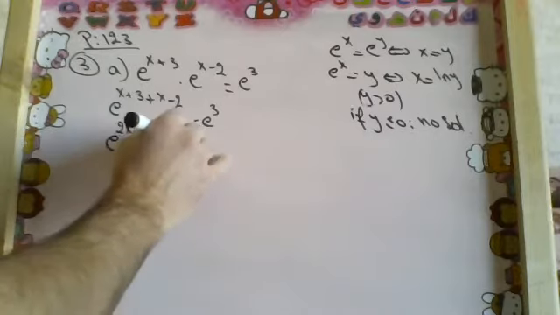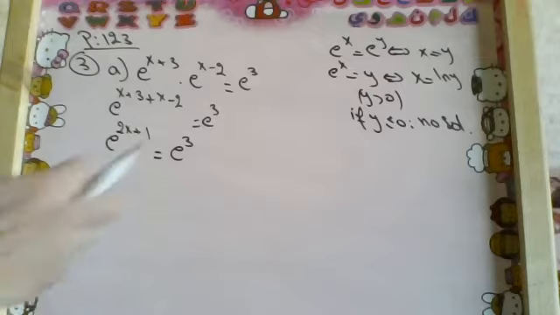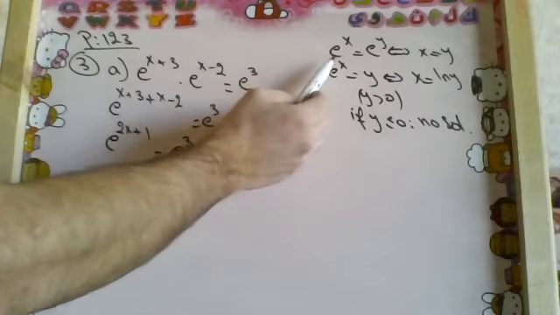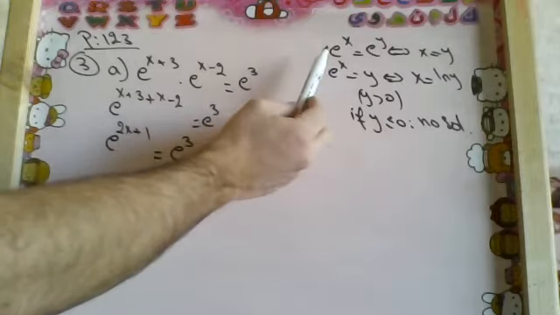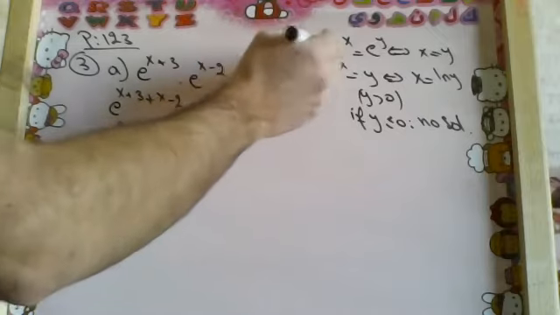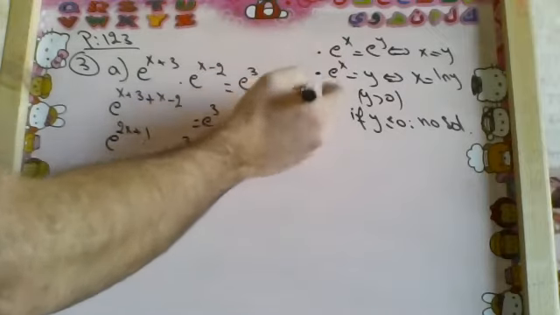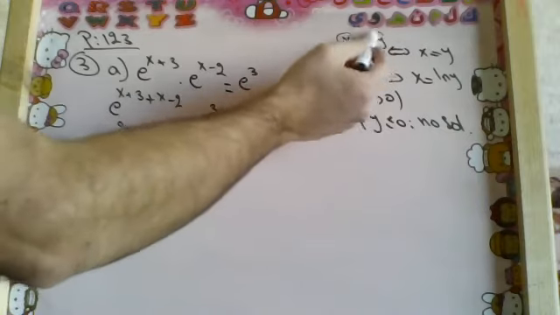So now we have this form. Do we take e power 3 to the other side? No need. Look, in exponential equations you have one of these two. e equals e, so 2x plus 1 equals 3.